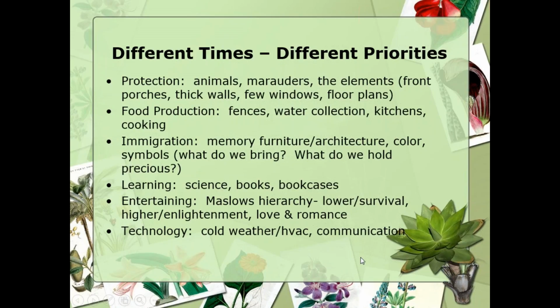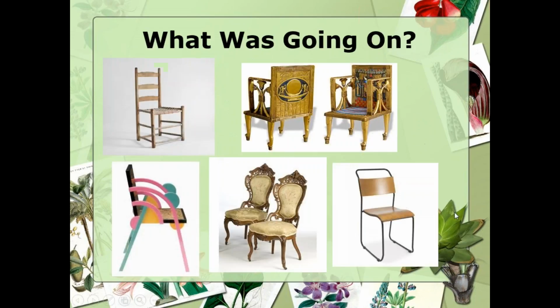Learning, science, books, bookcases, entertaining, Maslow's hierarchy, lower survival, higher enlightenment, love, and romance. Technology, cold weather, HVAC, communication. So there's things in here where we see hints of what these will be and why they came to being as we review these pre-peoples.